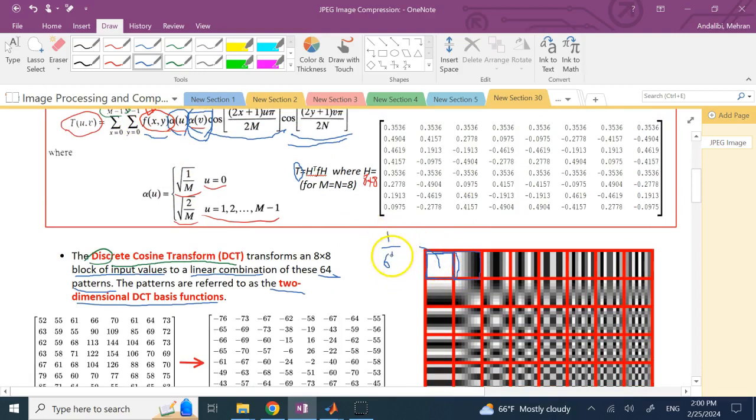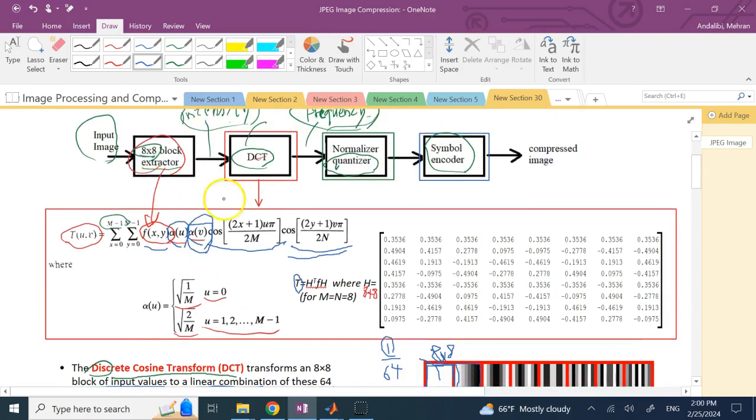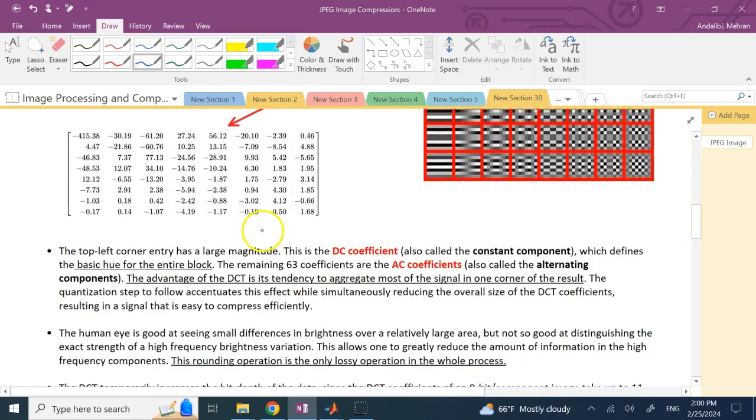What are you doing with f(x,y)? You're taking the average. You're adding all the elements of f(x,y) and dividing them by the total.